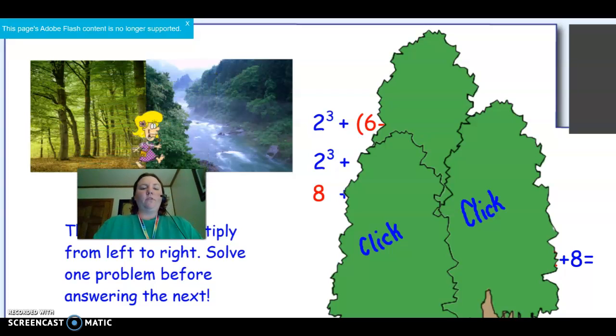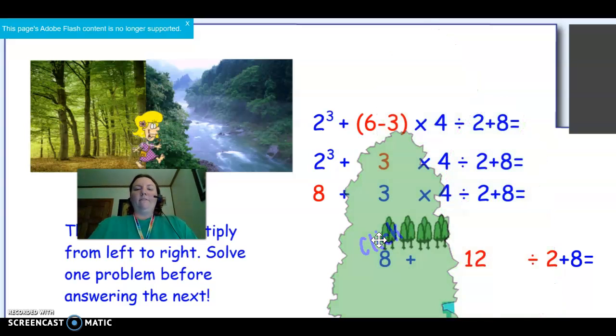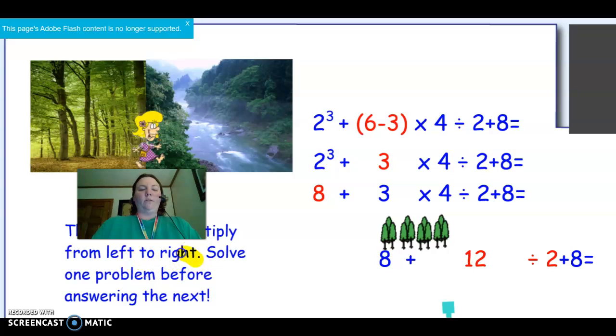And so when we do that, we're going to divide from left to right. That's really important. Okay, we read from left to right, we multiply and divide from left to right. And so you'll notice that first we're going to take 3 times 4, which becomes 12.